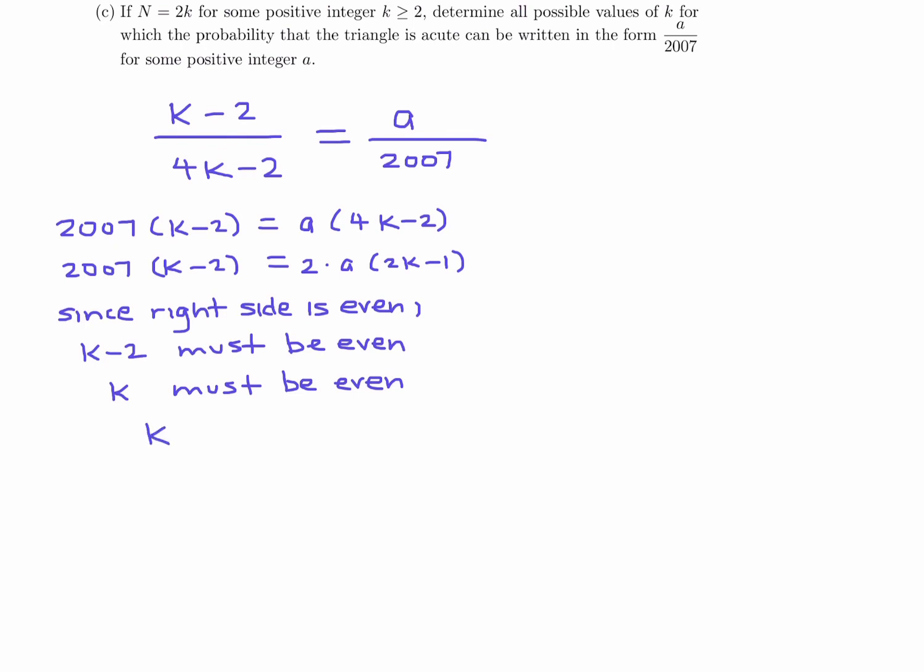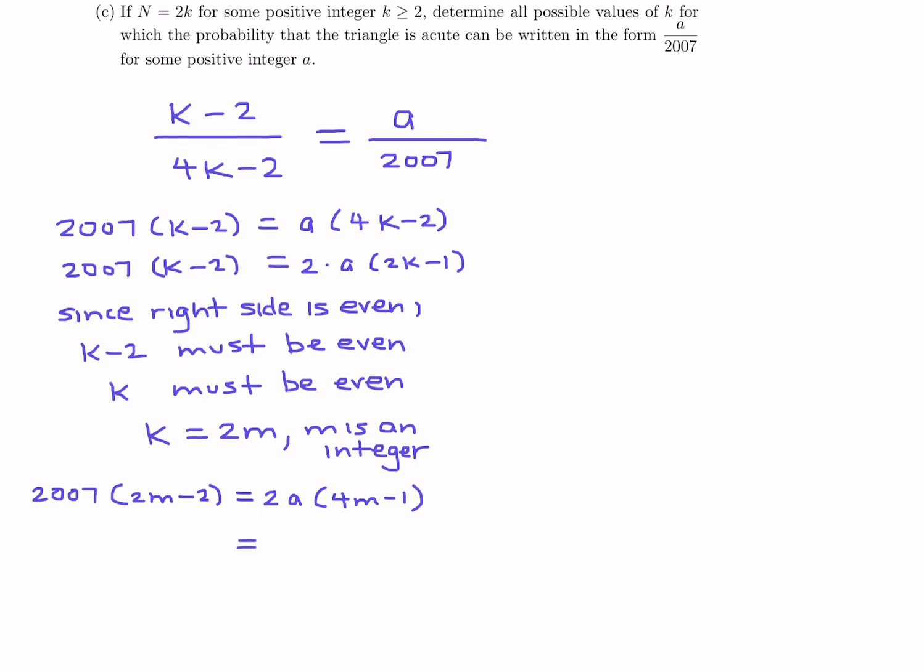So since we've established that k is even, we'll let it equal 2m for some integer m, right? Because all even numbers are of the form 2m or 2k or 2 something. So substitute this into our equation and we get 2007 times 2m minus 2 is equal to 2 times a times 4m minus 1, like that.